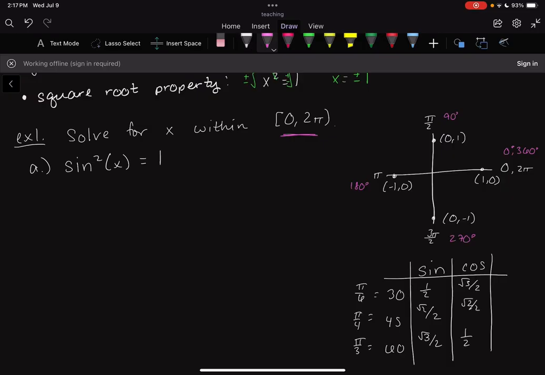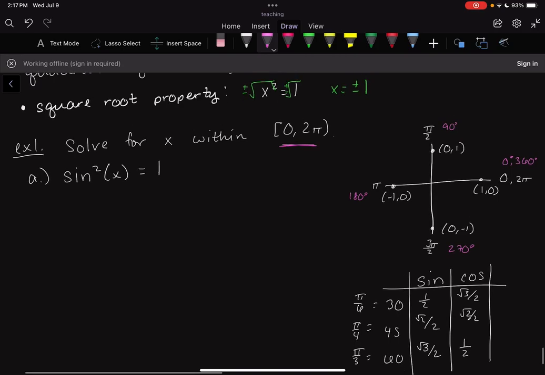All right, so we can go ahead and get started on our problem now. Just like what we did up here, I'm going to square root both sides. And that'll cancel out the squared. But be careful, this is plus or minus when you take a square root.